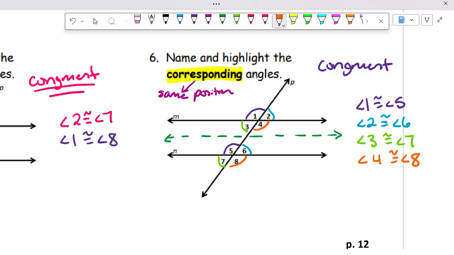So again, corresponding means same position. It was just shifted. It's the exact same position. There's no orientation change, nothing. It's just a simple shift down or shift up or whatever. It's a translation, it just shifts or slides, however you want to think about it.